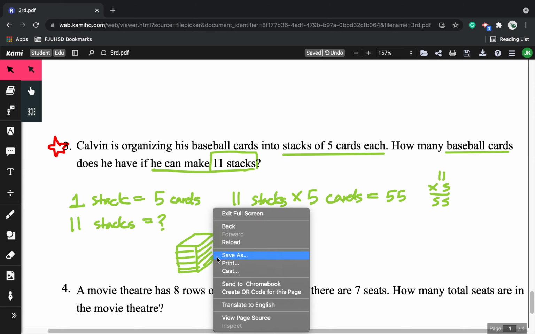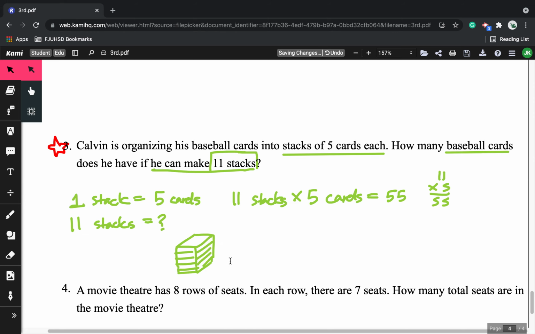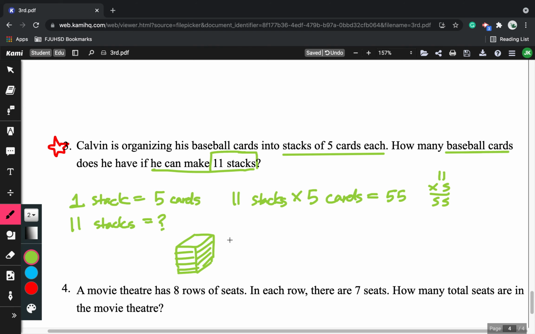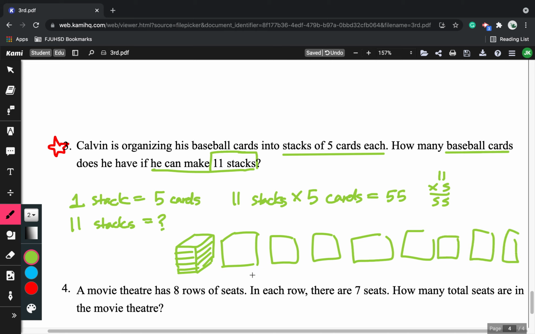So let's just draw 11. Let's just think of the stacks as squares. So 1, 2, 3, 4, 5, 6, 7, 8, 9, 10, 11. And each stack has 5, because it says stacks of 5 cards each.